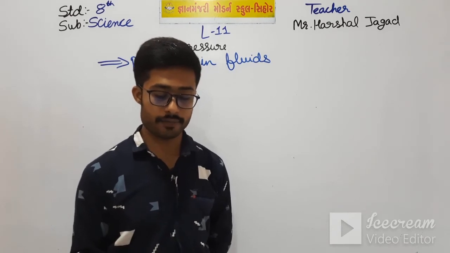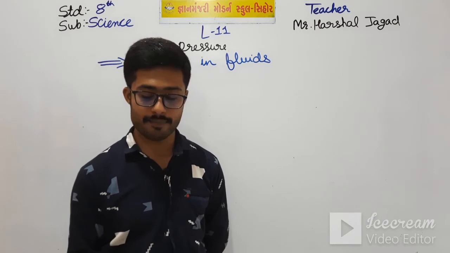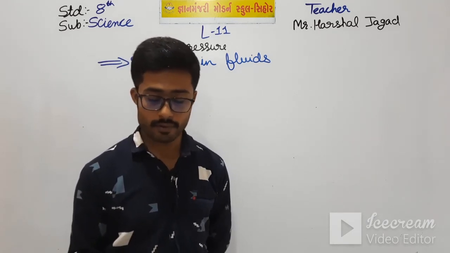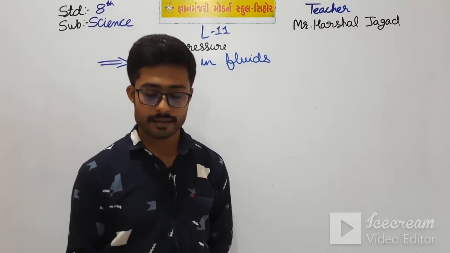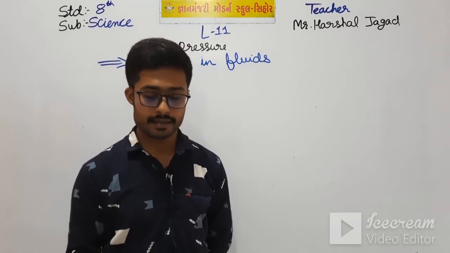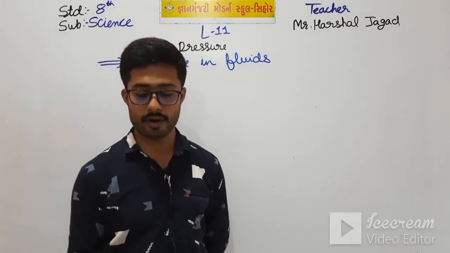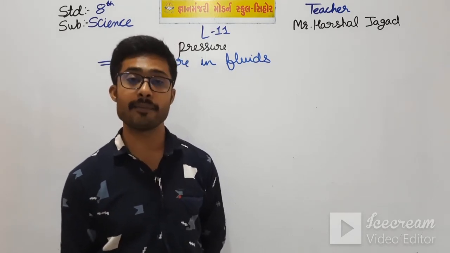The gravity of the earth pulls the air molecules and keeps them bound to the earth. Therefore, the force of gravity on an object is its weight. Therefore, the air around us actually has a weight. The weight of the air in the atmosphere presses every object immersed in it and produces a pressure called atmospheric pressure.